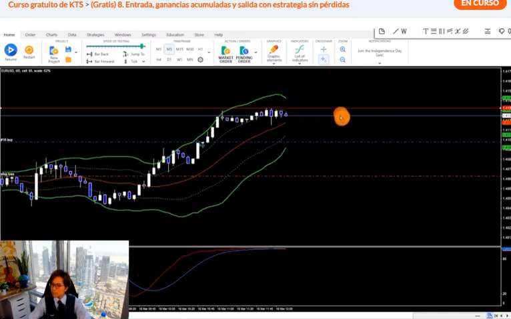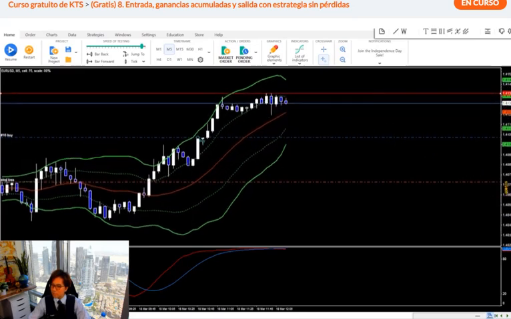So for me, when I see this, the buyers stopped coming in and sellers are not here either. The buyers and sellers are fighting right now. And these buyers most likely put the stop losses below here or here, and the sellers are placing the stop losses above the resistance.